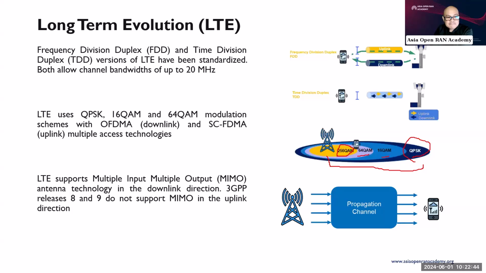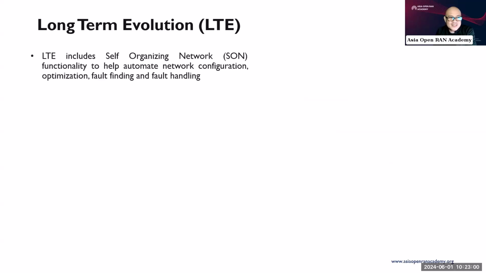Okay. So those are the different features of LTE. There are so many features in LTE, so I'm just selecting some. In LTE, we also have the self-organizing network, or self-optimizing network.